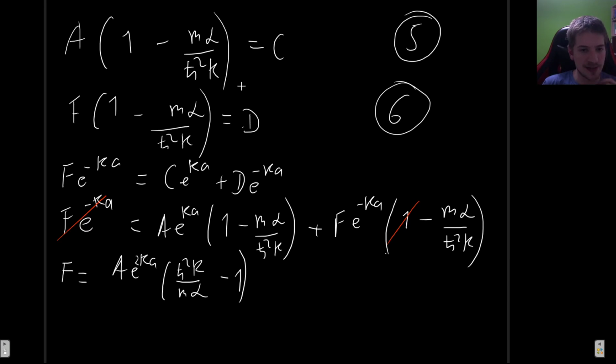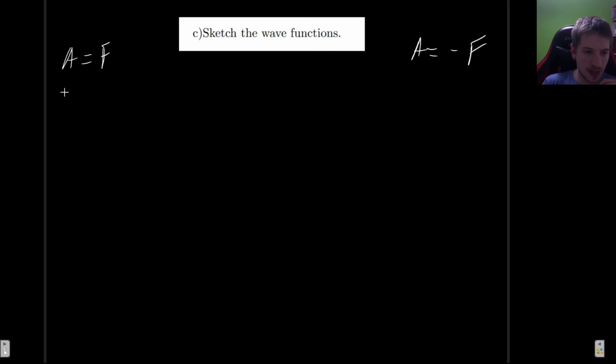So let us go back a step and see if a and f are equal, then we can see c and d are also equal. And if a is equal to minus f, then d is just going to be minus c. So we can now write our wave function. Let me just write this. c is equal to d here, and here c is equal to minus d, or d is equal to minus c. It's the same thing.